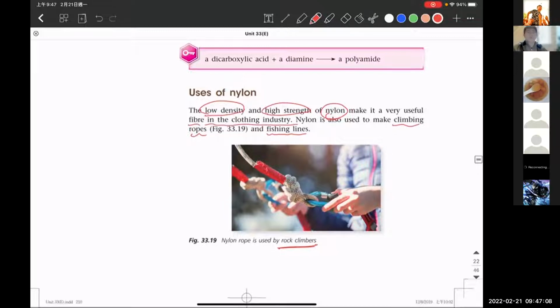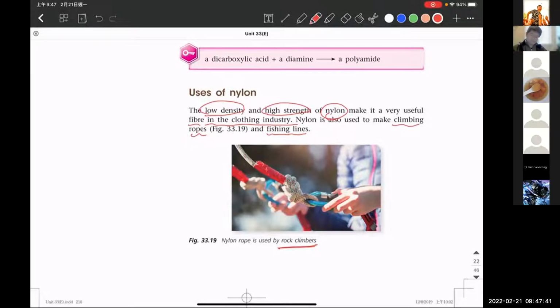But once you wear nylon as a fabric of clothes, you may find that the texture of nylon is rather rigid. It's rather tough. Under what situation do we have nylon as a clothes material? For example, blazers. Some of the blazers, the outer layer is made up of nylon.